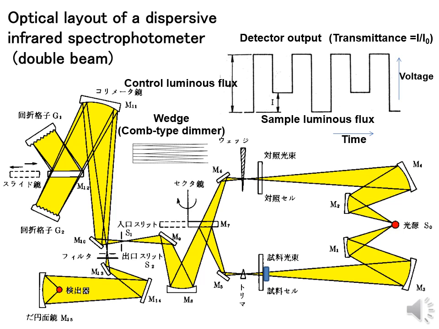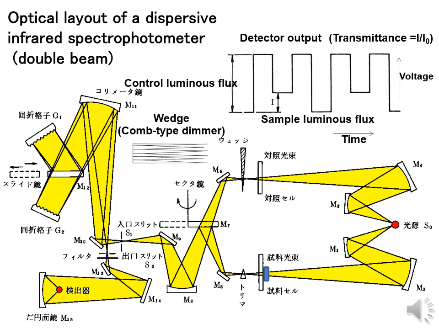Then, it is collected by the elliptical mirror M15 and detected by the detector. On the other hand, when the light beam on the sample side passes, part of the light is absorbed and weakened by the sample.